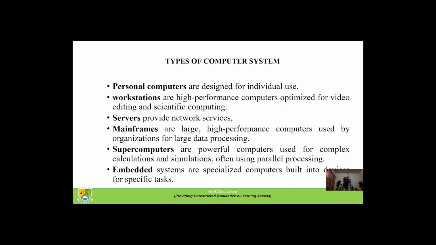We also have mainframes, which are large, high performance computers used by organizations for large data processing. We also have supercomputers, which are powerful computers used for complex scientific calculations and simulations. They often feature parallel processing capabilities.